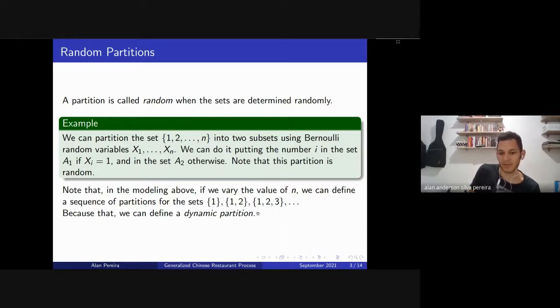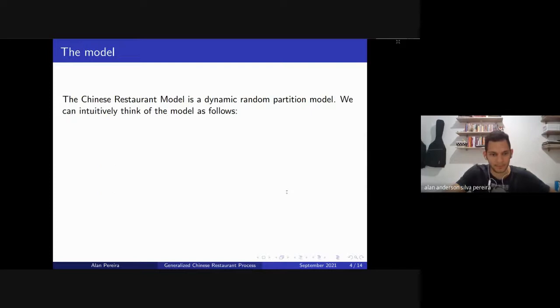We can partition the set 1 through 3 by Bernoulli's. So we have a dynamic partition, because at each time we have a different partition, made on a different set. And this is the main idea inside the model we will talk about in the next 3 pages.